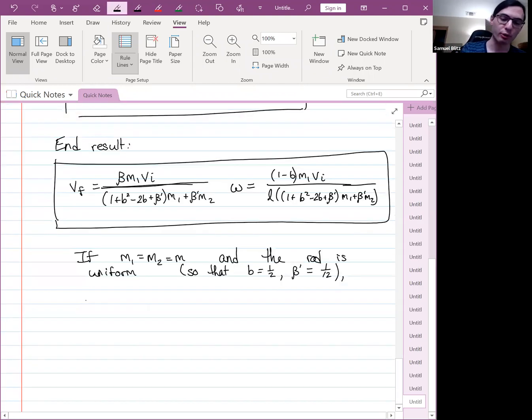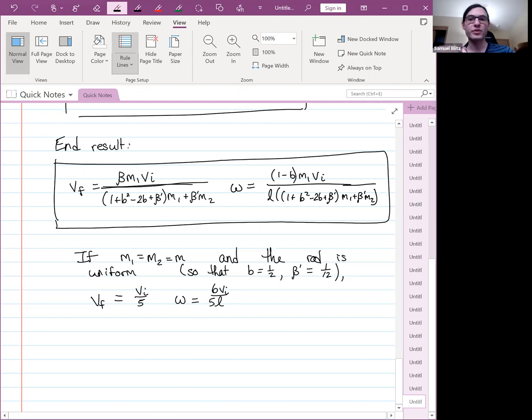Then we can just plug those in and see what happens. What we end up with is that the final speed of the center of mass of the rod, not the center of mass of the system, is VI over 5. And the final angular speed, the rate at which the rod rotates, is 6 VI over 5L. Those are the answers.